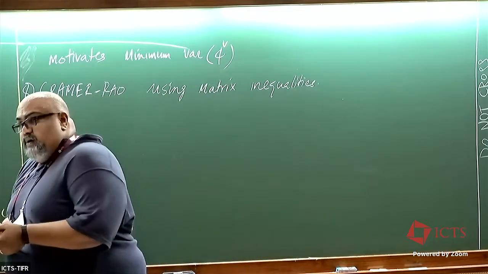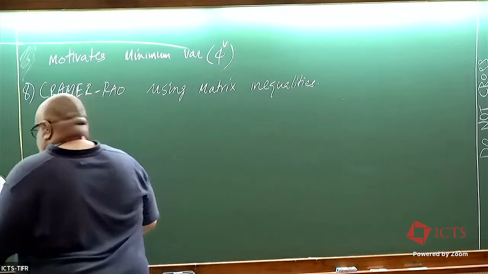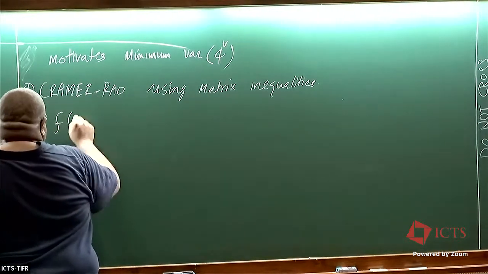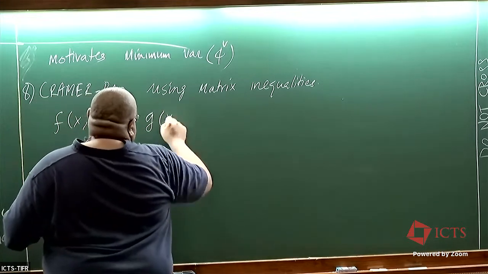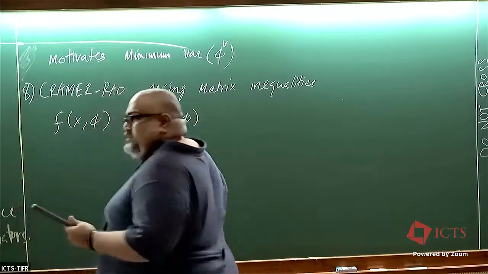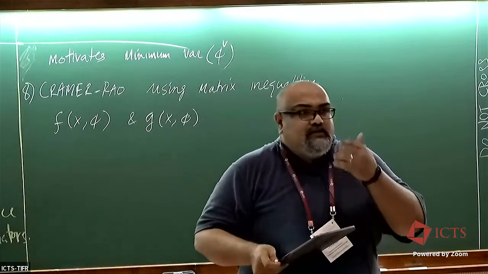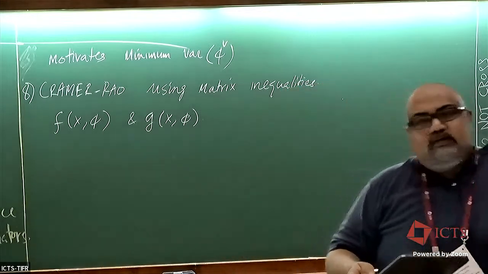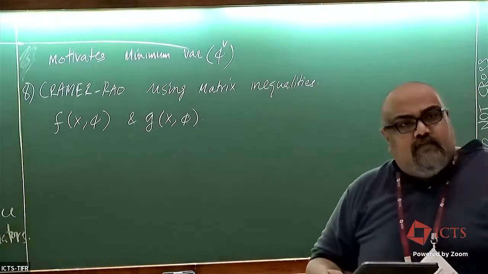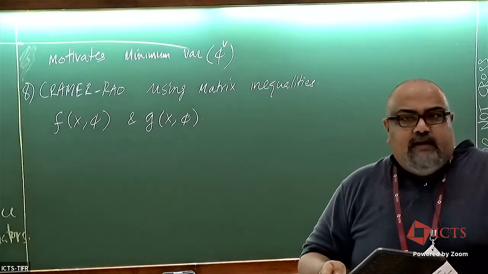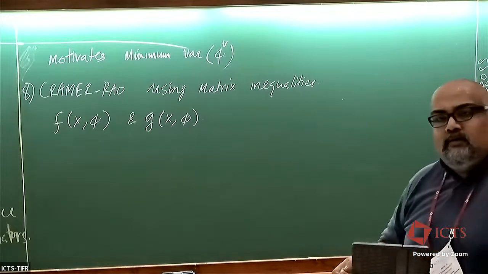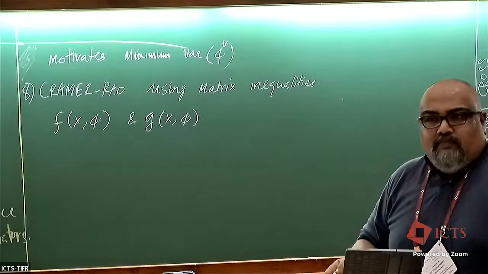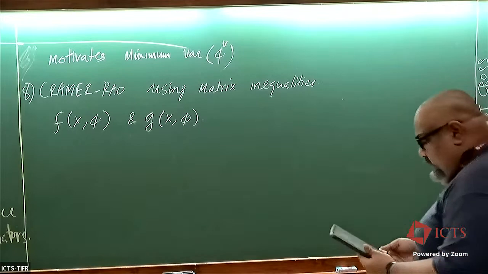using matrix inequalities here. So let me consider two functions. I'm doing this for scalars just because it's simpler. You can do this fully for matrices, a vector of estimators trying to estimate a vector of quantities. There are some matrices that show up that you can just handle, it's not a problem.